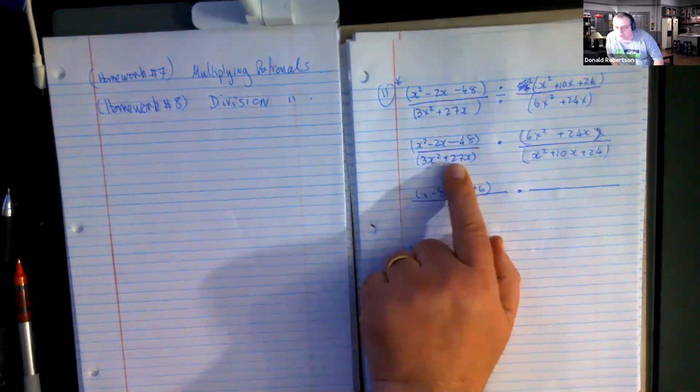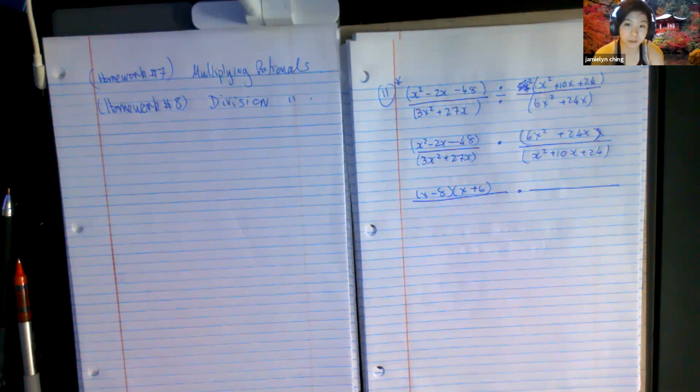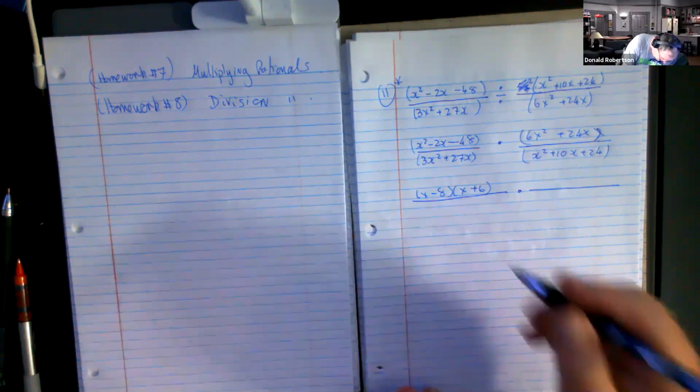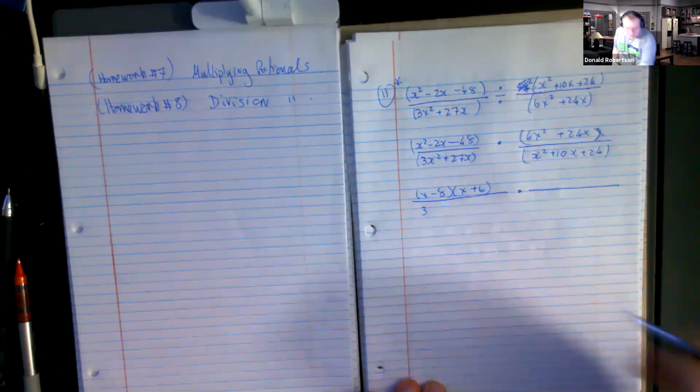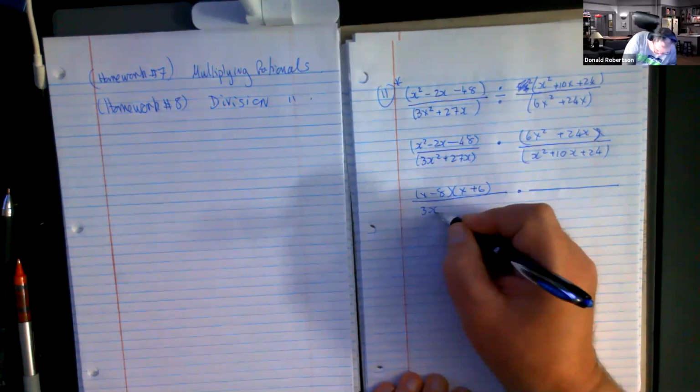3x squared plus 27x. What can you do with that one? What is it? You can pull out a 3. Can you pull out any more than a 3? Because it is a common factor. Oh, 3x. Right, you can pull out an x, correct?